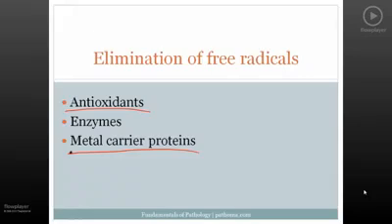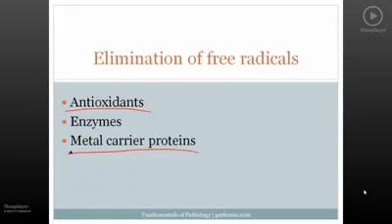For example, transferrin in the blood, which tightly binds iron to deliver it to the liver and the macrophages. And you know that when iron is actually bound in macrophages or within the liver, it's tightly bound to a molecule called ferritin. And so these metal carrier proteins basically hide away the metals so that free radicals are not generated.